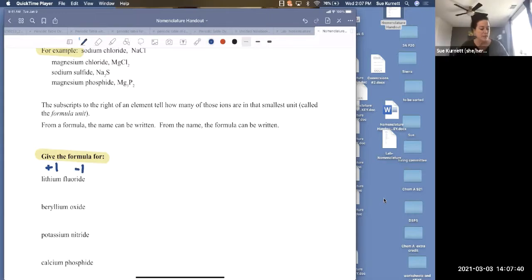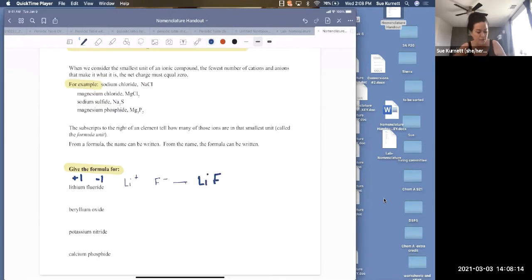Good. So here I have lithium ion and fluoride ion. To come together in a 1-to-1 ratio that adds to 0, how many lithiums and fluorides would I need? 1 and 1. So I'm going to combine those and write LiF. That is the formula for lithium fluoride. Lithium fluoride is an ionic compound.